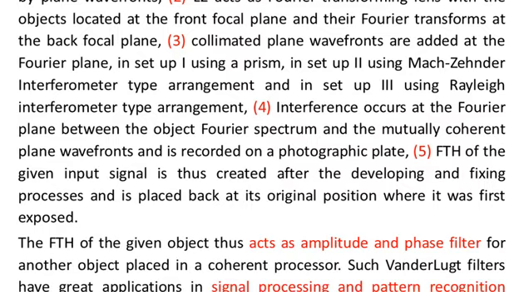Number 4. Interference occurs at the Fourier plane between the object Fourier spectrum and the mutually coherent plane wave fronts and is recorded on the photographic plate. Number 5. The Fourier transform hologram (FTH) of the given input object or signal is thus created after the developing and fixing process and is placed back at the original position where it was first exposed.